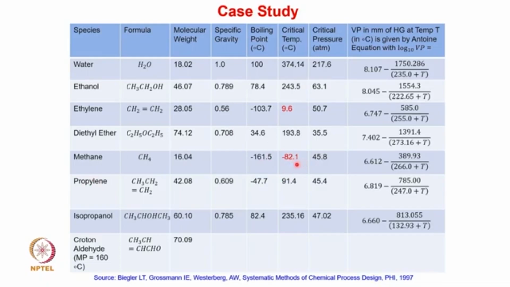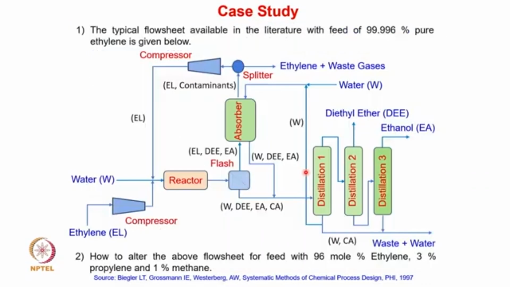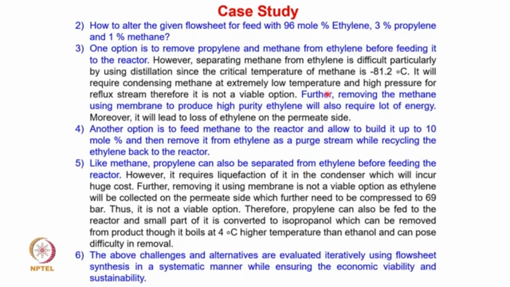So clearly, if I wanted to separate this methane from ethylene in the distillation process, the methane will come out as a top product, but this top product has to be condensed, and then the reflux has to be charged to the distillation column, isn't it? So clearly we require to liquefy the methane, which requires a heavy duty condenser, and which is not a viable option in this case, since the critical temperature of the methane is minus 81.2 degrees Celsius.